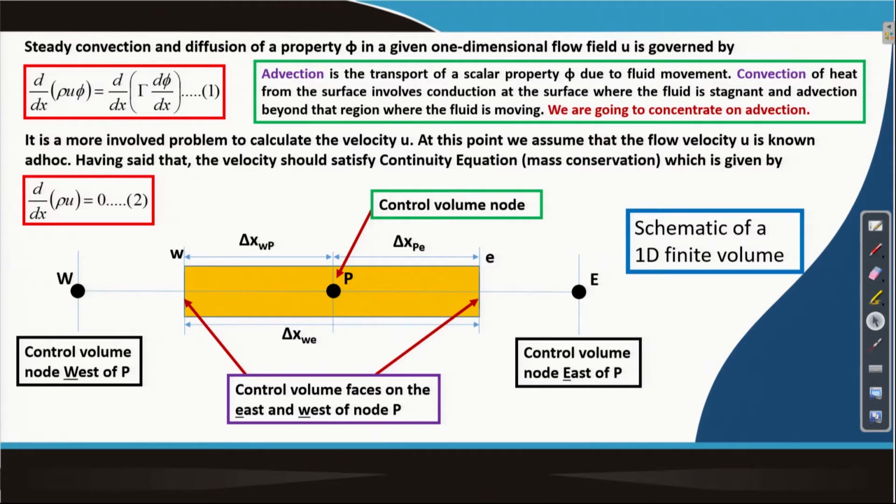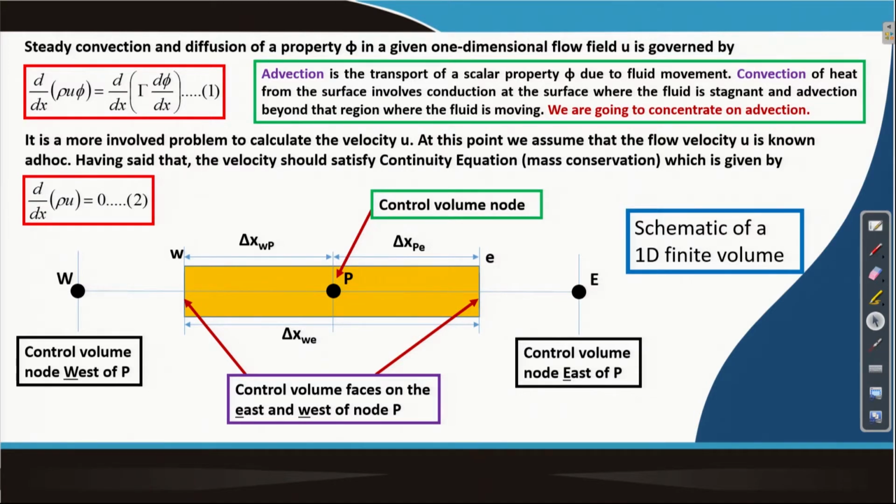And having said that, the velocity should of course always satisfy the mass conservation equation or the continuity equation, which is given by the second equation. So, the first equation involves the advection diffusion of property phi, and the second equation involves the mass conservation, and therefore, involves the velocity field u and the density rho.